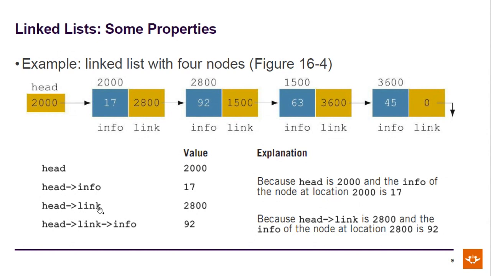And then if we say head link, remember, that means we're dereferencing the pointer and accessing the member called link. Link is also a pointer, so we are simply getting the value stored in the pointer, which is a memory address, and that memory address is 2800. And then if we say head link info, we'll get to memory address 2800, and info is 92, right?